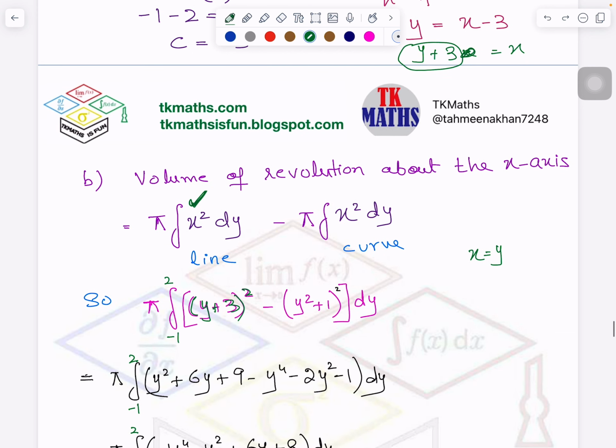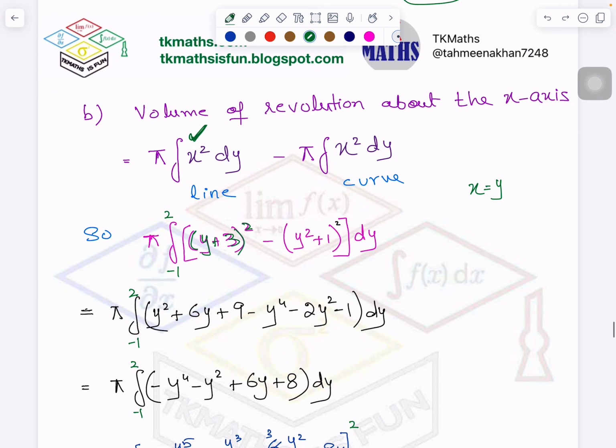So now after that it is simple expansion of the bracket and application of the limits. So this is all. There is nothing new I have done. Now very important thing, once I have simplified it, I opened the bracket here, I opened the bracket here, I collected the like terms.